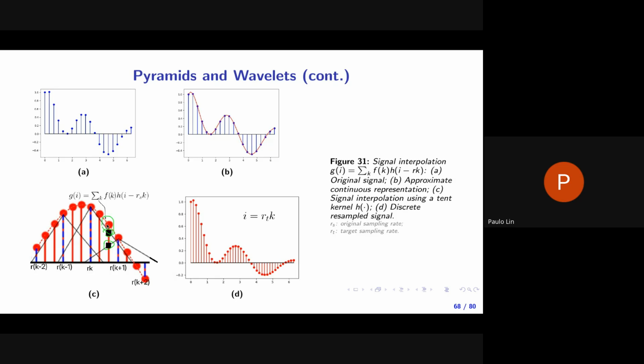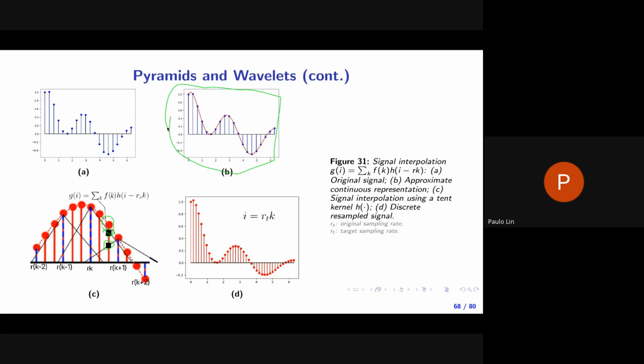And after performing interpolation, we end up with a continuous signal, which we can see in red in this part of the figure. We can see the signal in red, the continuous version of the signal.